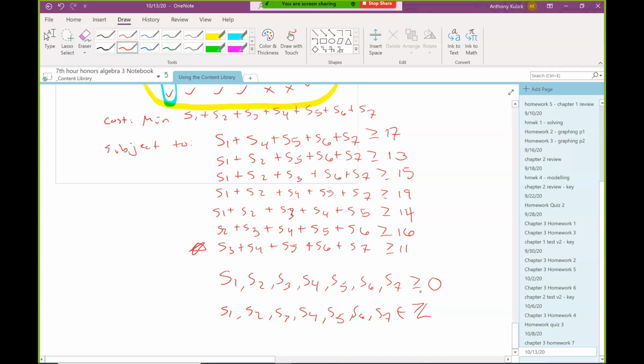Have to be whole numbers. And combine that with greater than or equal to 0, we're talking about non-negative integers anyways. But that's going to be the constraints for that one.